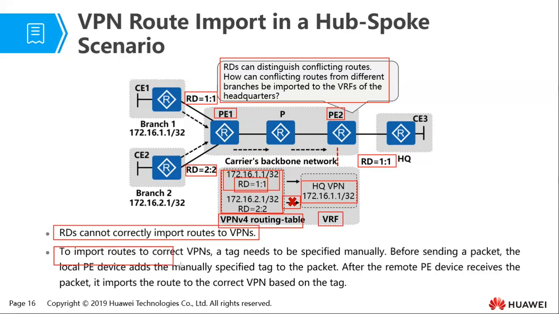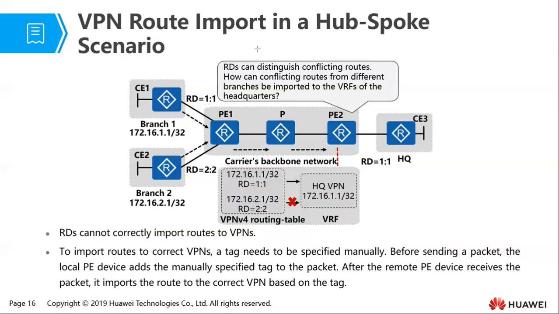To import routes to the correct VPNs, a tag needs to be specified manually. Before sending a packet, the local PE device adds the manually specified tag to the packet. After the remote PE device receives the packet, it imports the route to the correct VPN based on the tag. So let's see how that is done.